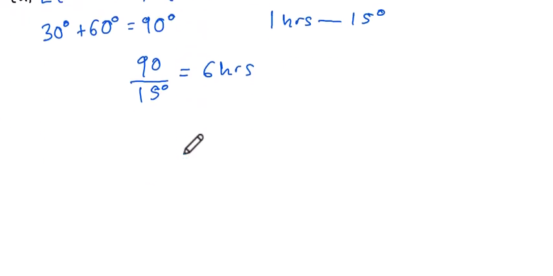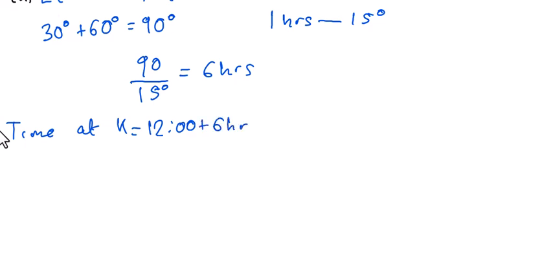Hence we're now going to say that the time at K is equal to 12 hours, which is the time given in our question, plus the 6 hours we have found.